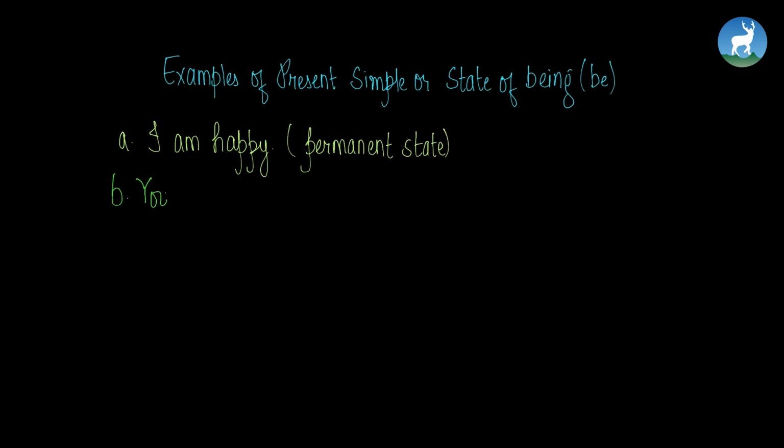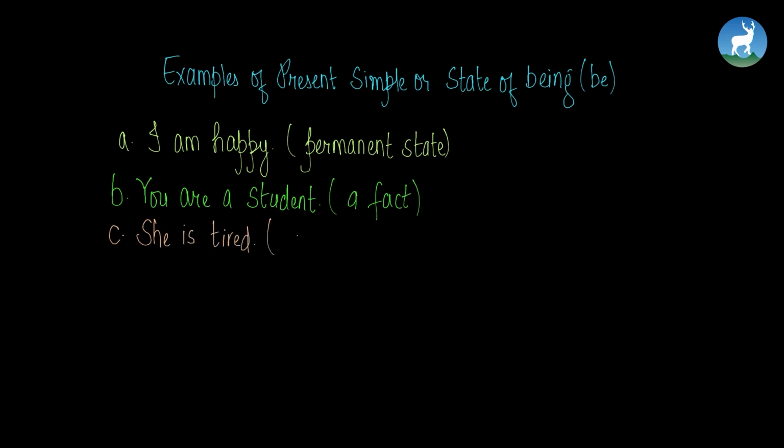Number B, you are a student. So what does this sentence reflect? It explains a fact that you are a student. So another example, she is tired. What is this sentence reflecting? It's expressing a current condition.